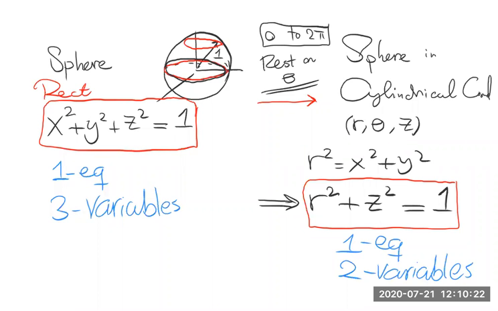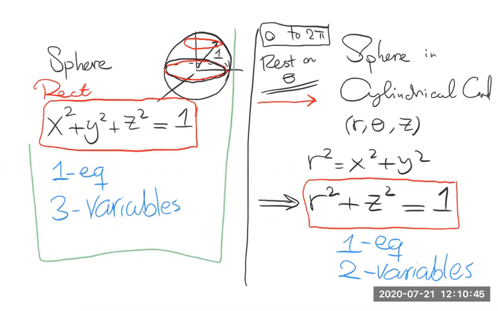I have a quick question. Yeah. I understand how, if you're going from rectangular to cylindrical, you get r and theta and z, but I don't get how you got the equation for each of them. Well, one of the equations is given. For example, here the left side is given.